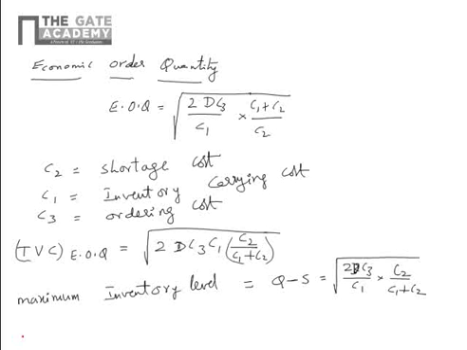Time between orders T is equal to economic order quantity divided by D. Substitute that, you will get the value.